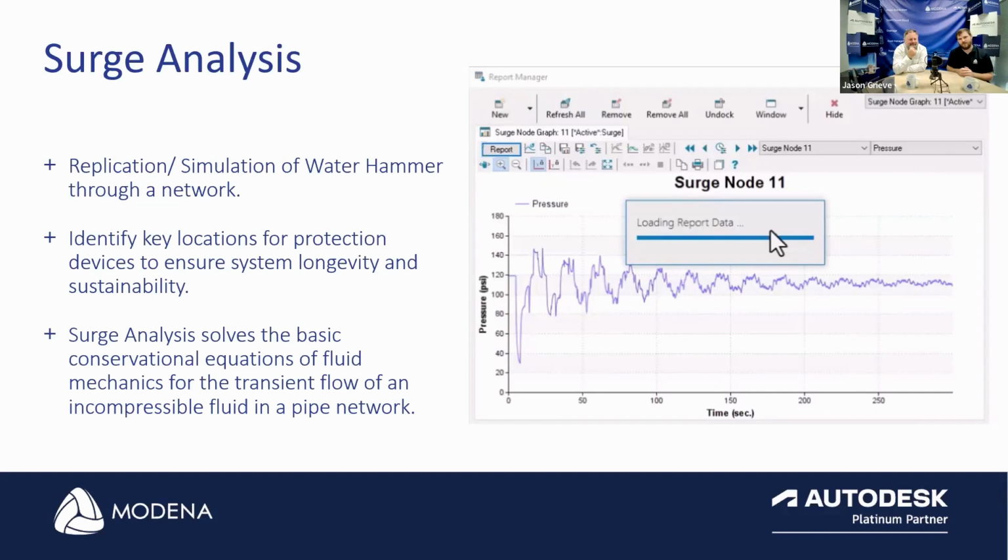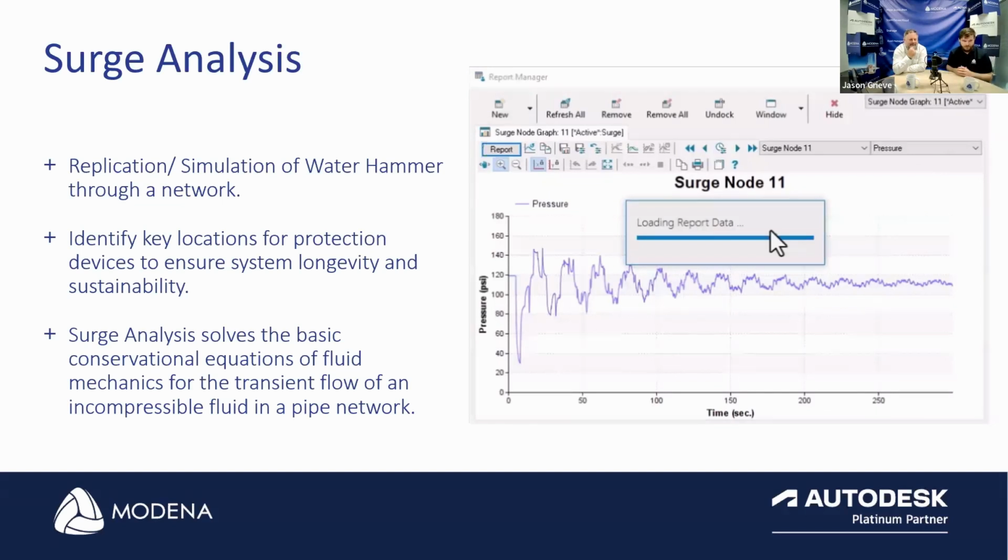Now, the surge analysis also helps us by being able to identify where we can most efficiently place these protection devices. We know that, yes, we want to stop water hammer, but unfortunately, it's a thing that won't disappear. It's always going to be there unless we are able to identify these further into the future, but that is so difficult with anything mechanical.